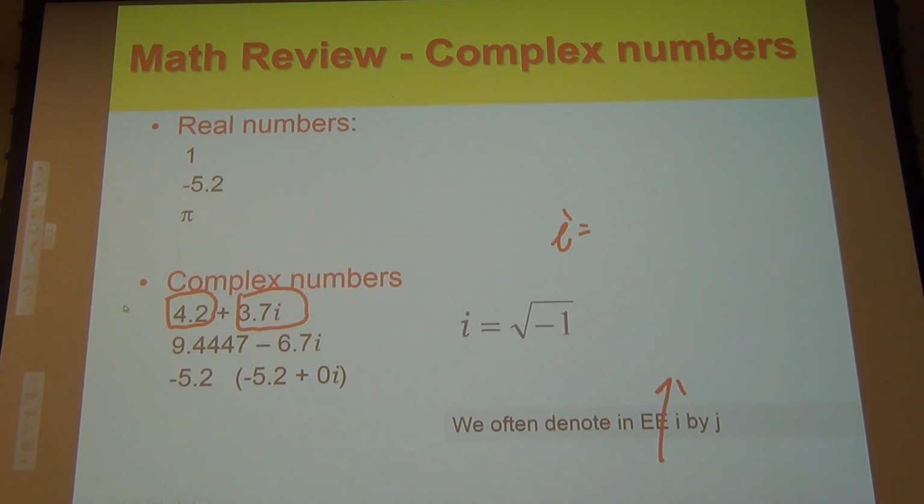Okay, the same. For a real number, you can also express this real number in the complex number way. In the way of the complex number, the real part is -5.2. There is no imaginary part, so that is 0 in front of i. It's real number and complex number.